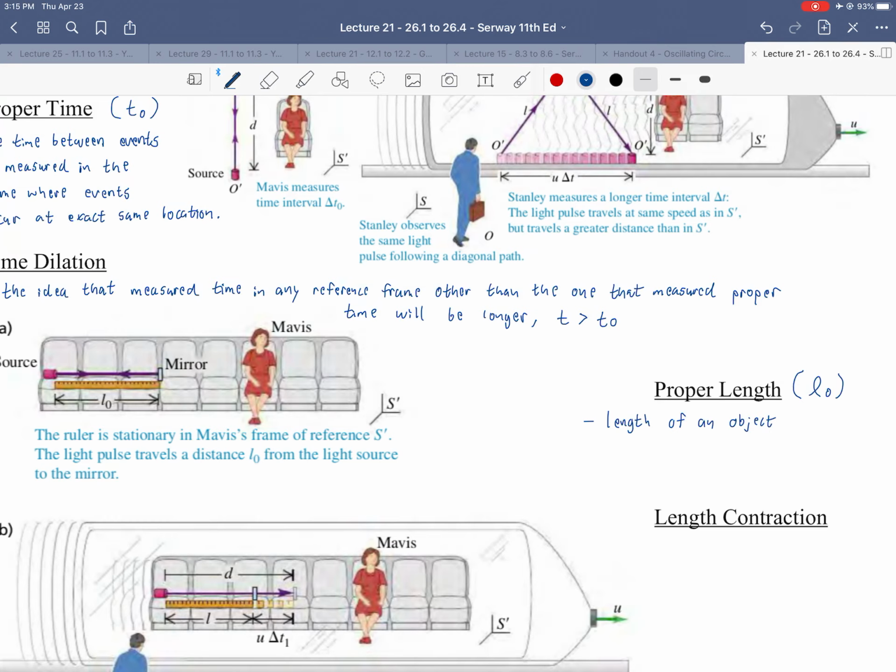So, length of an object measured in the frame of reference. Getting used to that term, frame of reference? Hopefully. Where the object is at rest.